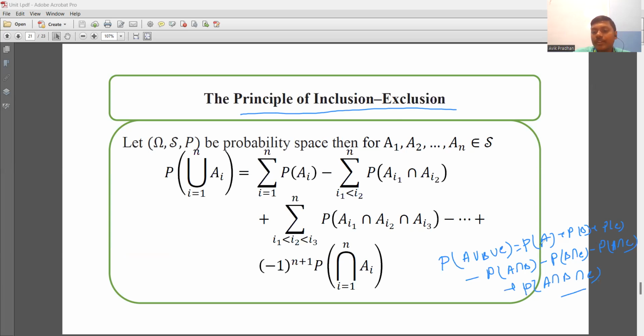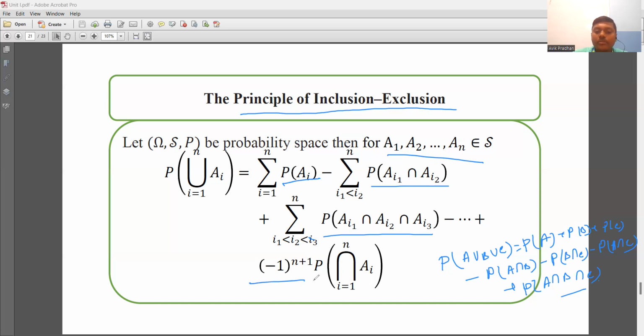So here, if you look into this pattern, the probability of A union B union C is equal to the sum of the probability of individual events minus the sum of the probability of intersection of two events together, plus the probability of intersection of all three events. So in general, if I have n events, then the probability of union of all those n events will be equal to the summation of probability of individual events minus the summation of probability of intersection of two events taken together, then plus the intersection of three events together, and so on.